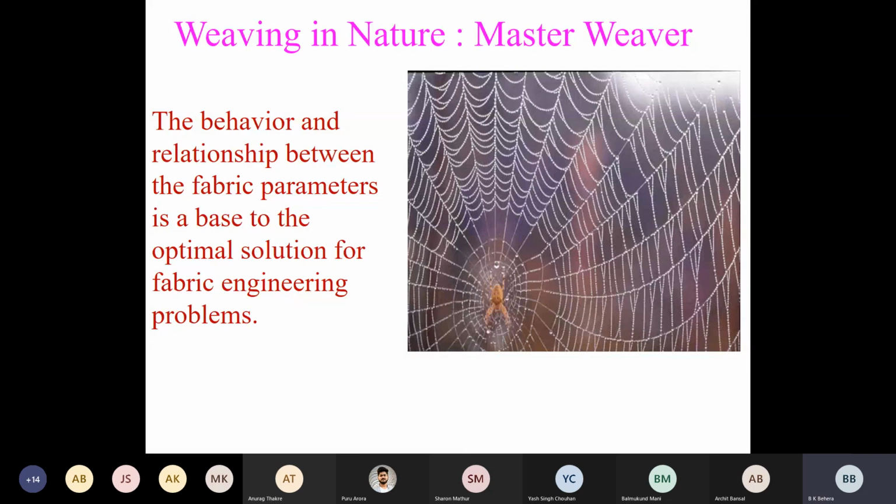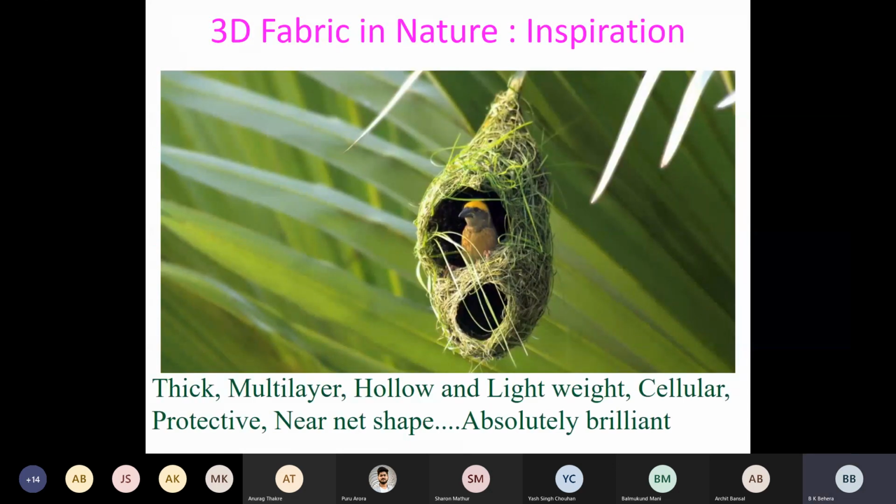But even today, there is no established technology which can produce this kind of fabric in which the warps are spread radially and weft yarns are laid down in concentric circles. It is a very special structure, but it has made it by interlacing. Similarly, the inspiration for 3D fabric came from these tiny creatures.